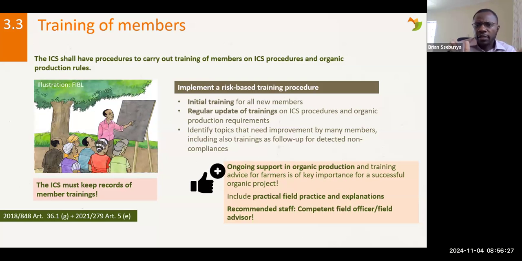Again, ideally, it's based on where you see a lot of risks, and then you time your training accordingly. Of course, it's a must for all new farmers. They have to be trained before they join. And then others need to be trained every year to remember and to be up to date. Of course, who does that is your extension or agronomy.